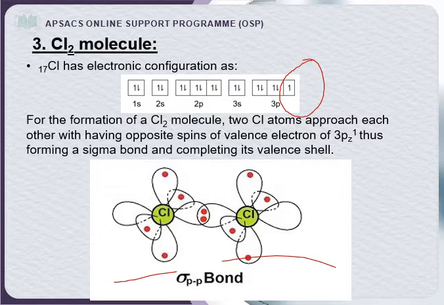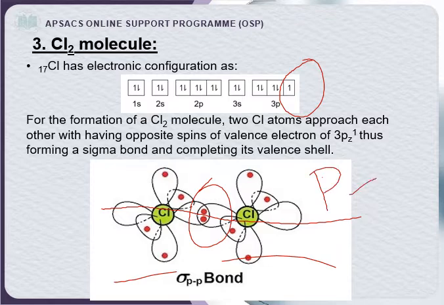Here it is given that the one overlap which takes place is this one overlap. This overlap shows it is the overlap which is going to happen at the joining axis. So the electron density is lying on the joining axis. So again it is also a sigma bond formation.